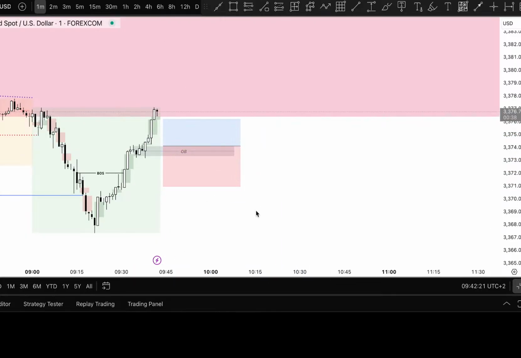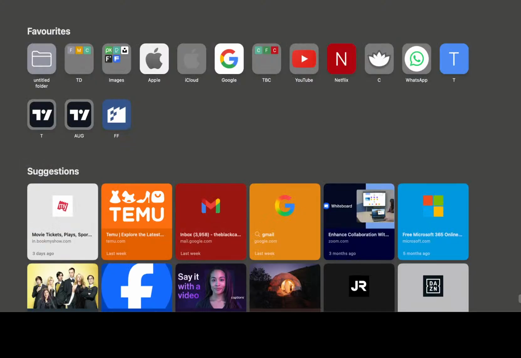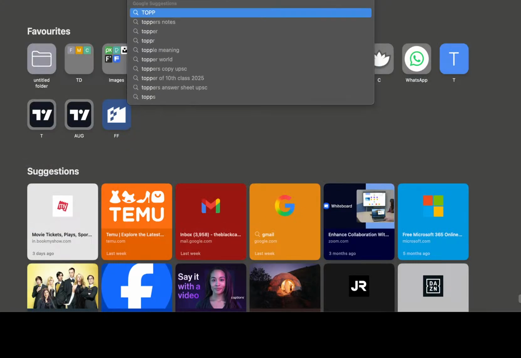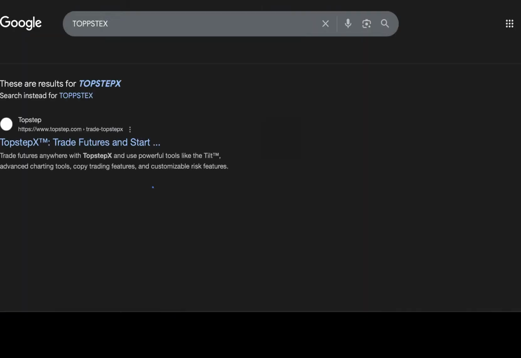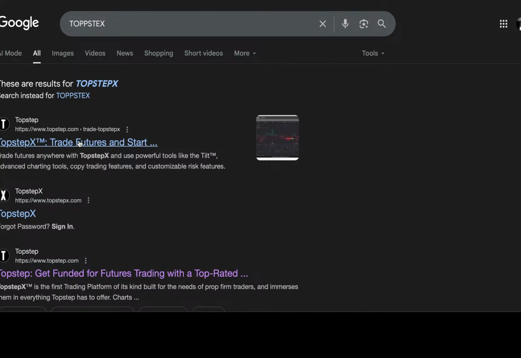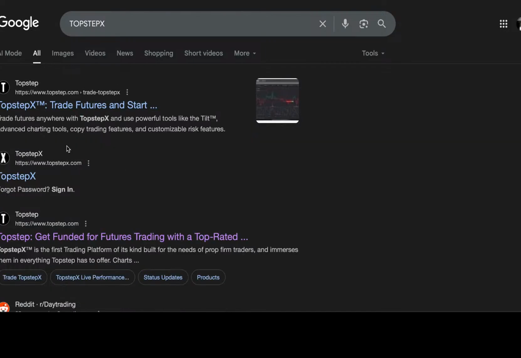Okay, now let me open my TopstepX. Do you want to see the TopstepX here? Yeah, I think that would be wonderful, right? Let's see that. TopstepX.